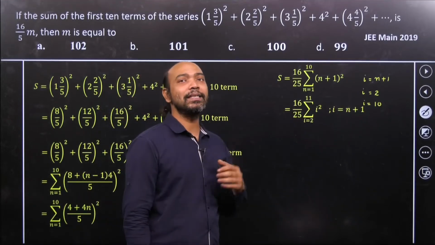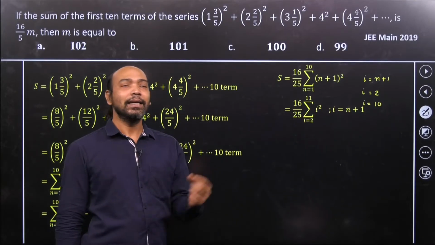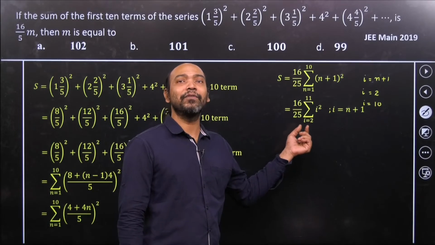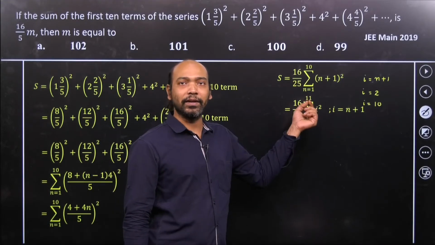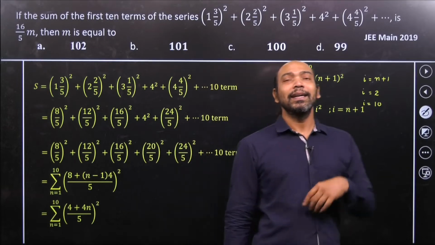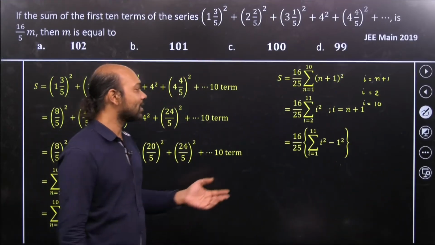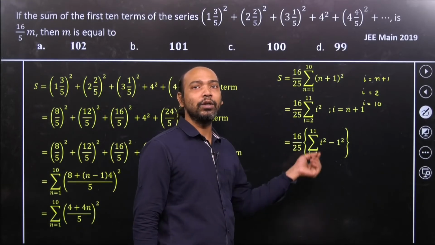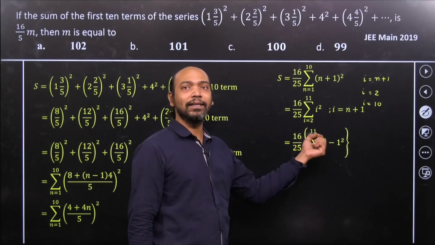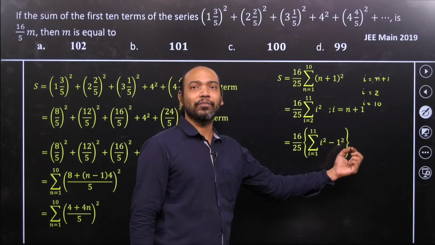Now this sum is well known, but we can add the i equals 1 term so that it becomes the sum of the first 11 natural numbers. So this sum is written as i from 1 to 11, and I add 1 in that summation, so I need to subtract it.